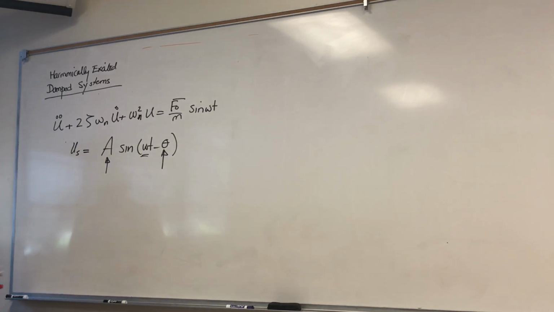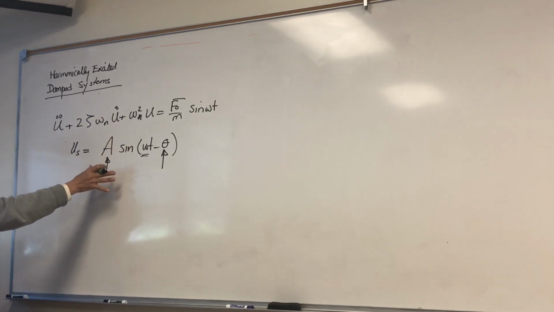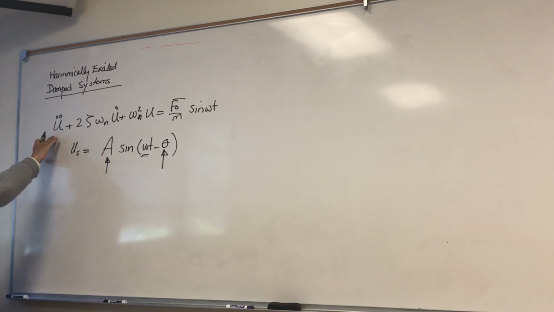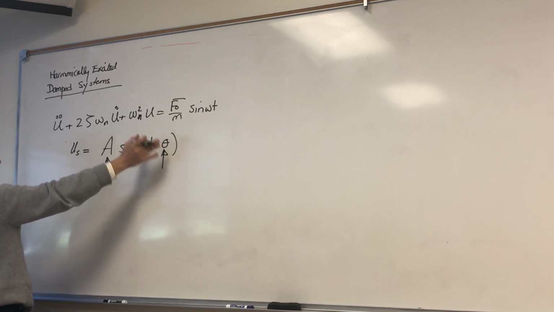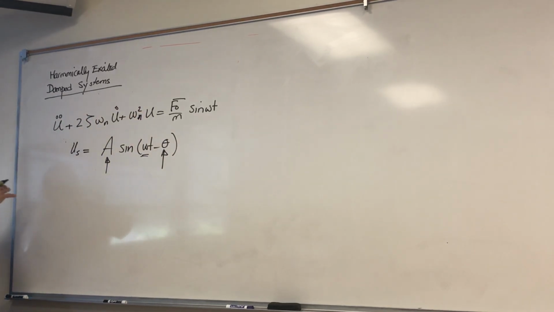Let me just redo those in case you may have gotten lost. You take the second derivative, first derivative, and u itself, put it all here, and you arrange them, and you come up with something like this, right?